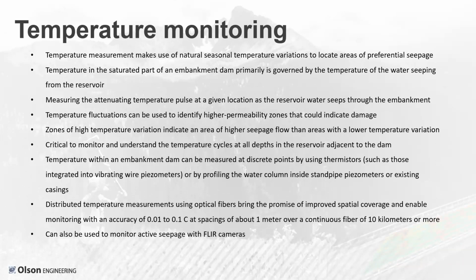And you can also do temperature monitoring with FLIR cameras, so an infrared camera. So if there is seepage coming out of the downstream face, you can do a remote assessment of that, and you can see by the temperature difference that seepage is occurring, but maybe it was difficult to see just visually.